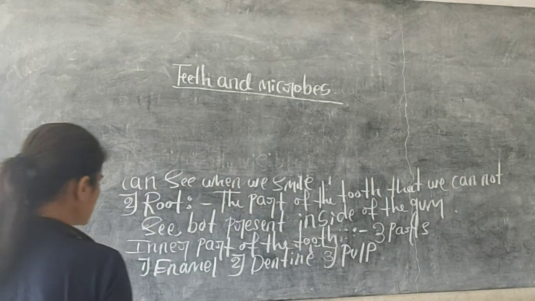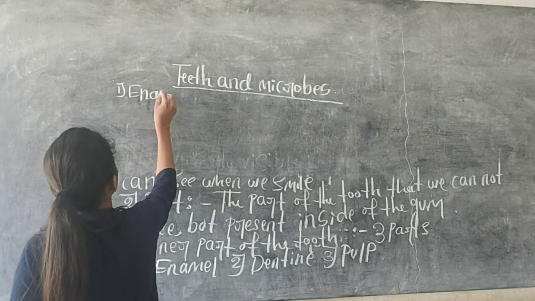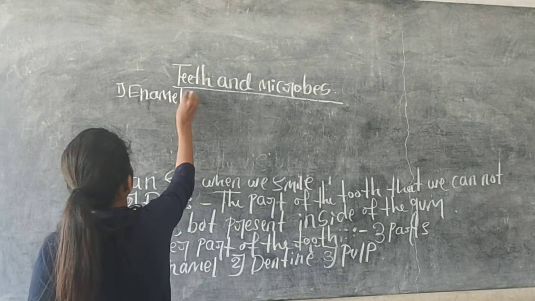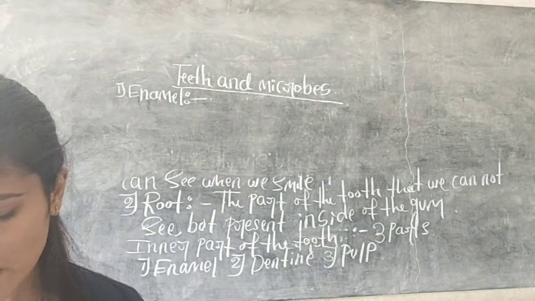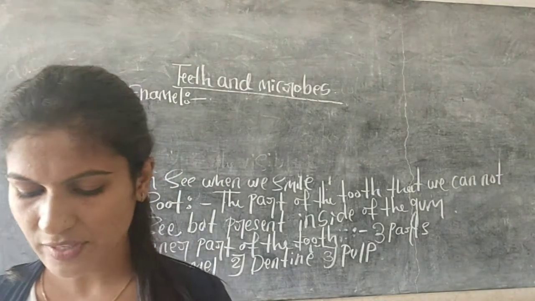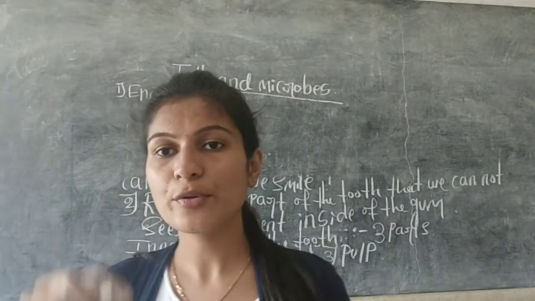So first one is enamel. Enamel is the outer layer of a tooth that you can see.